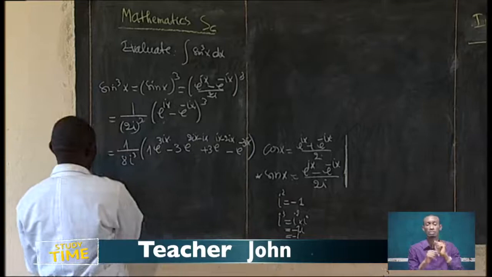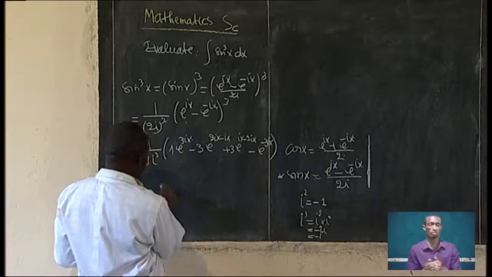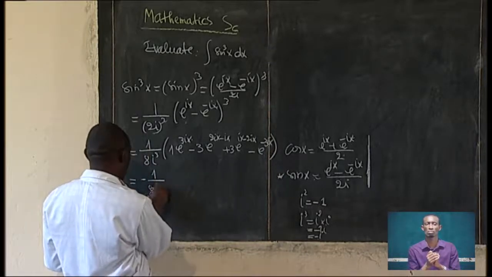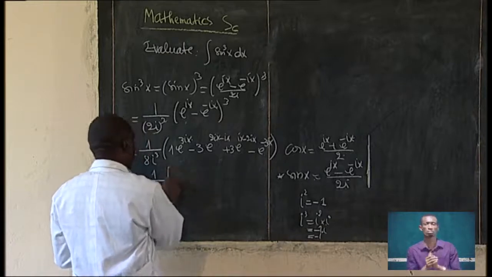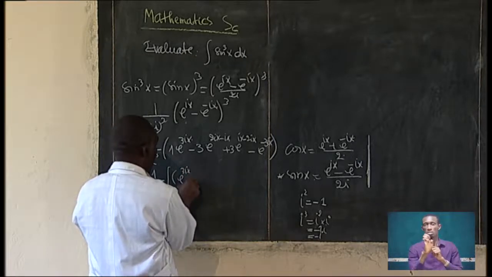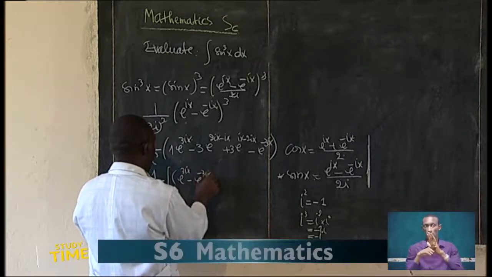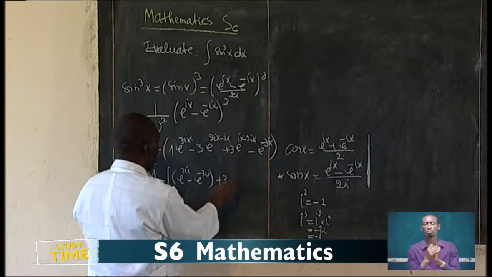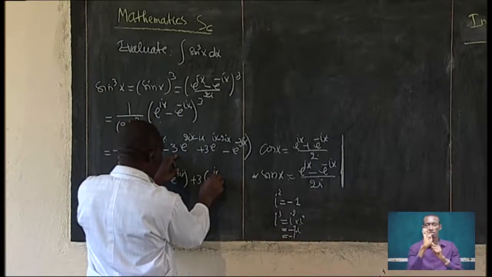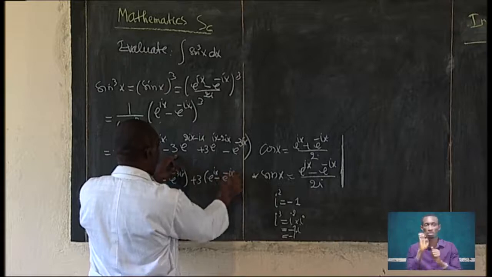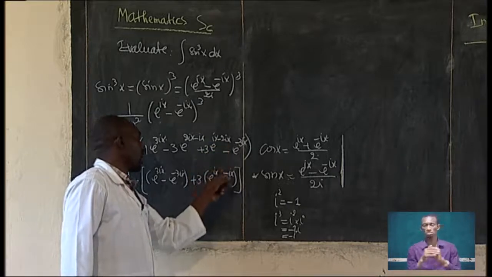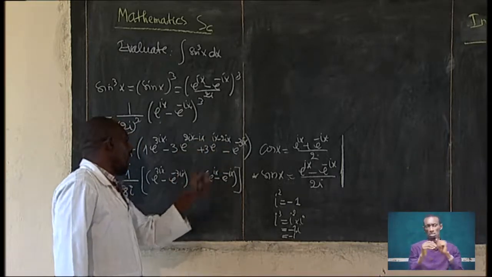So here I have minus 1 divided by 8i times e power 3ix minus e power negative 3ix, then plus 3 times e power ix minus e power negative ix. Since ix minus 2ix is minus ix, and 2ix minus ix is ix.